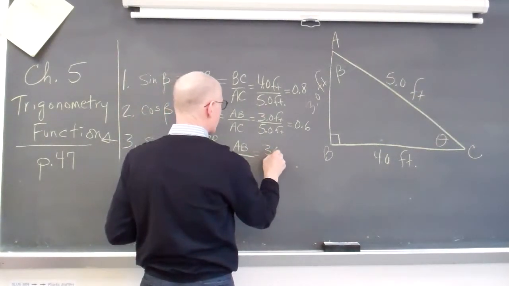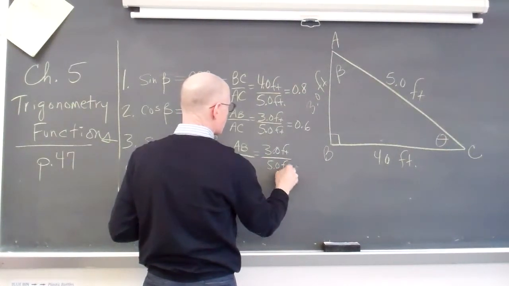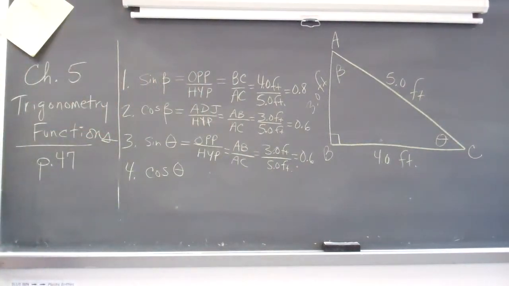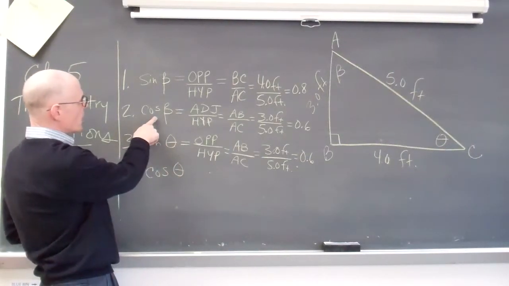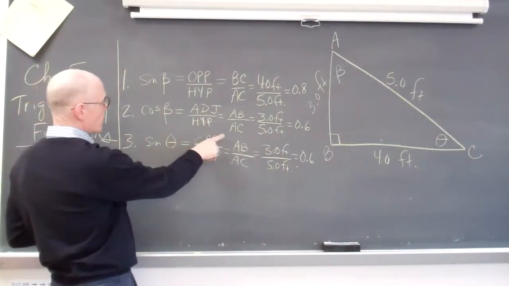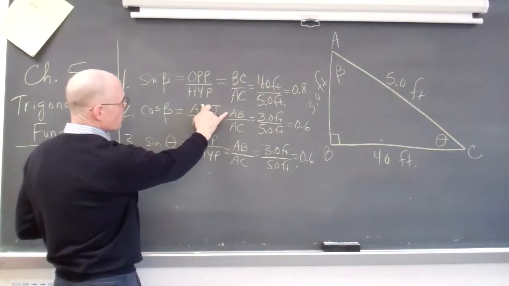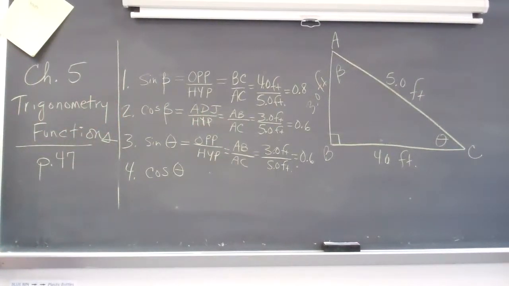And then once again, 3 feet divided by 5 feet, which again is 0.6. Interesting development there: the cosine of the one interior angle is the same as the sine of the other interior angle, because they're both the ratio of the side AB to AC. So we'll talk more about that in upcoming days.